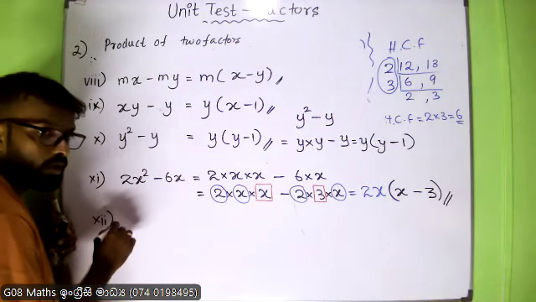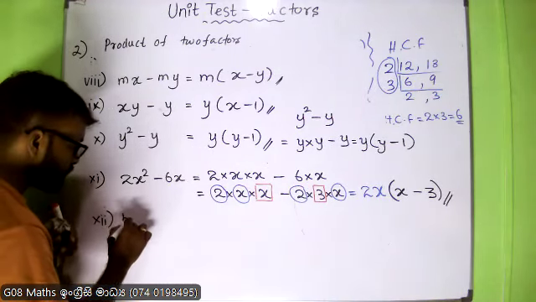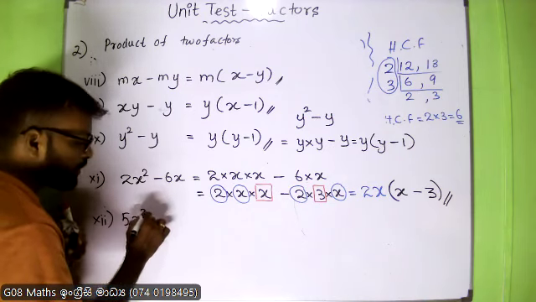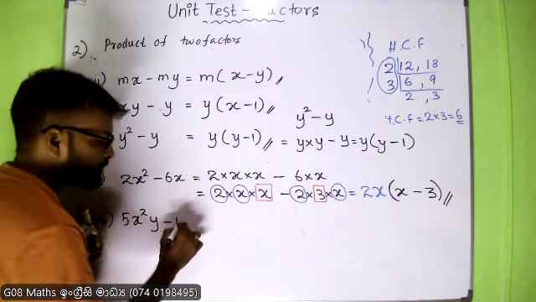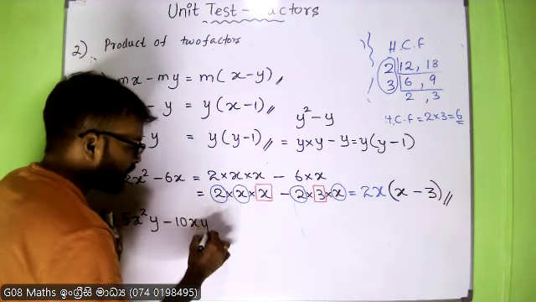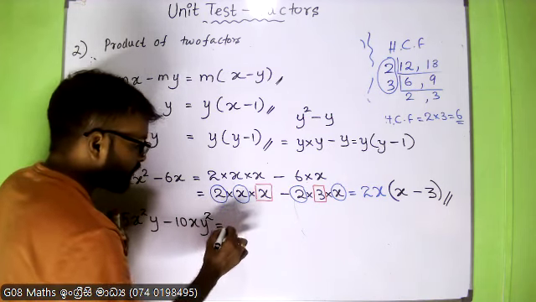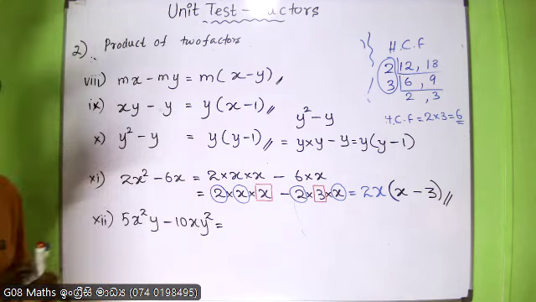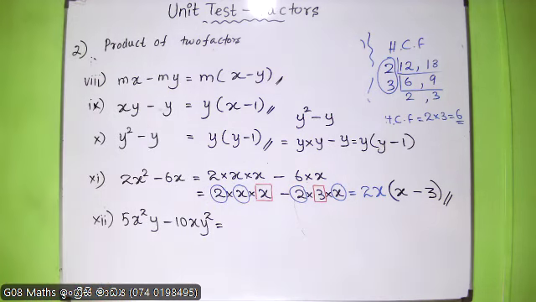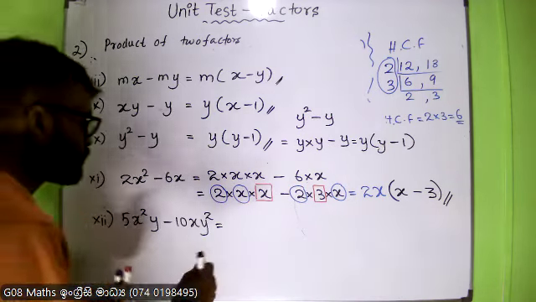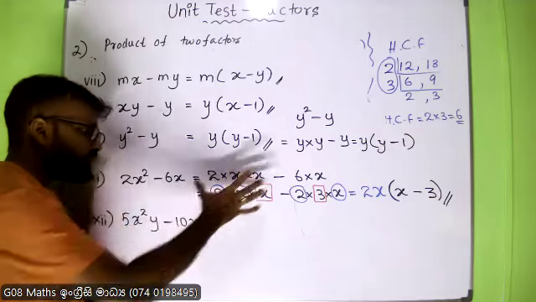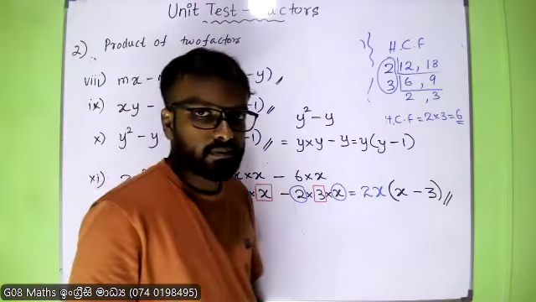The 12th one means 5x to the power 2y minus 10xy squared. Correct? So this is similar to this one.